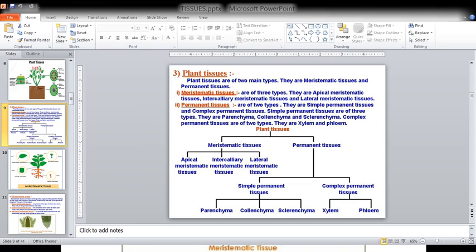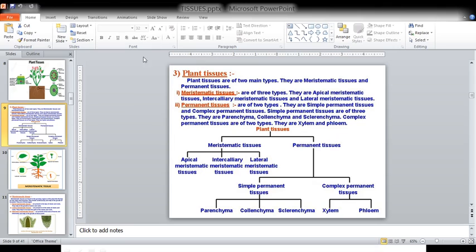Means where are the tissues present? According to that, there are three types of tissues: apical meristematic tissues, lateral meristematic tissues and intercalary meristematic tissues. Okay, so one by one we will see.